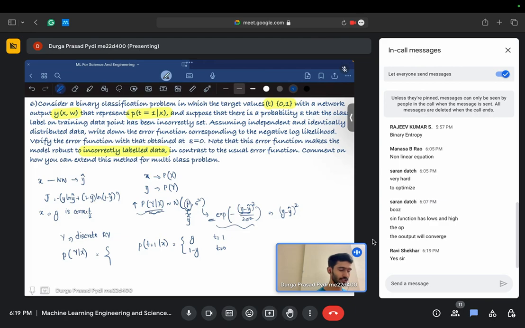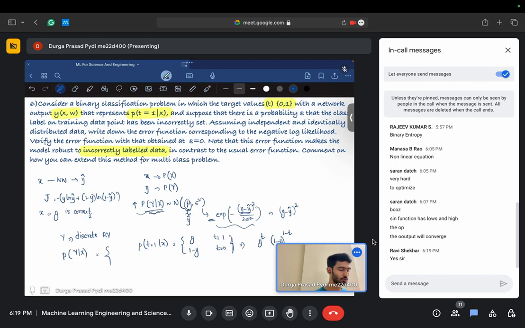So this is a piecewise function, and I want to write it as a single function. How will I write it as a single function? One way is to write it as something like this.